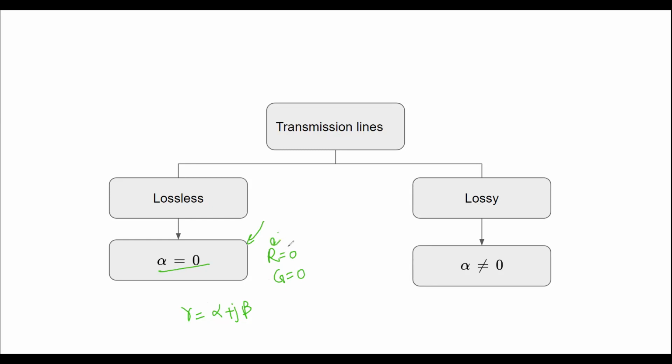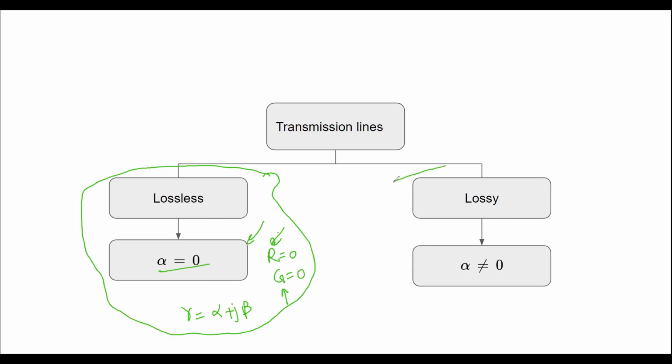That means R is equal to 0, and then we have good dielectrics, so we can make G equals 0. At that moment, the attenuation of the wave is also negligible, so we take alpha equal to 0, right? So when we are doing calculations in transmission lines and other components, we sometimes take into consideration that the transmission line we are using is lossless, depending on the conditions and the materials we have for the transmission line.